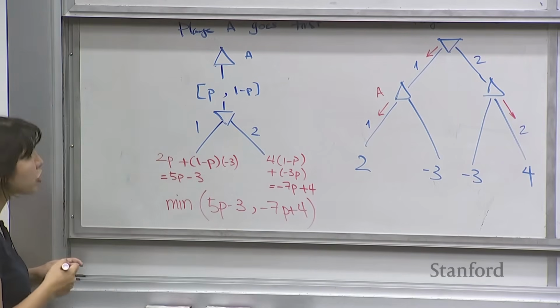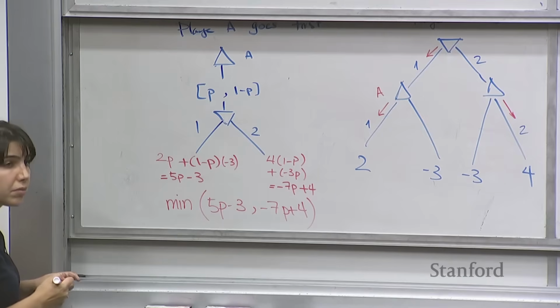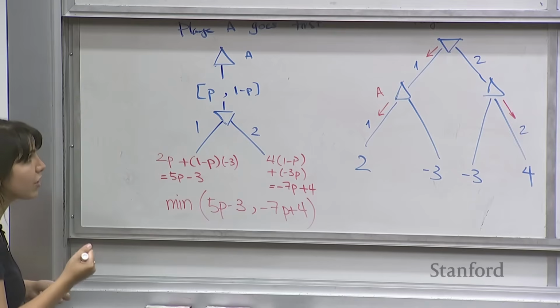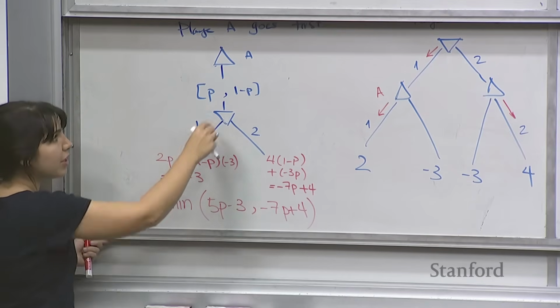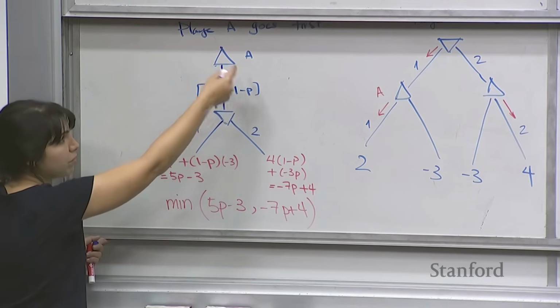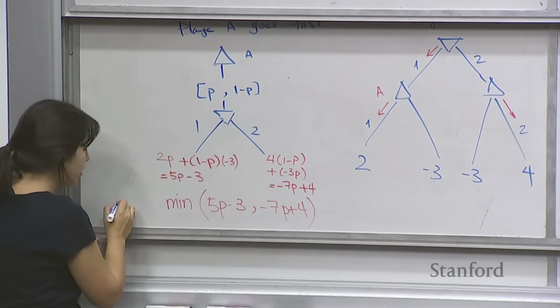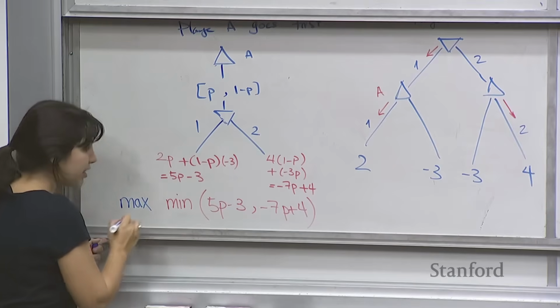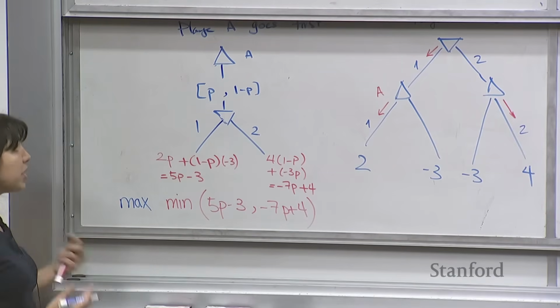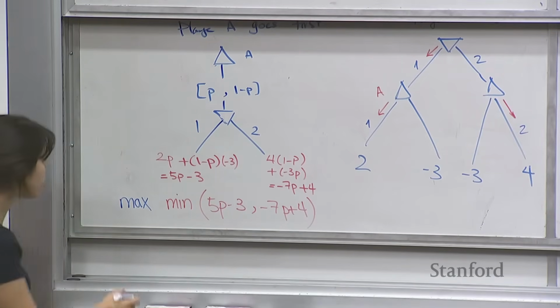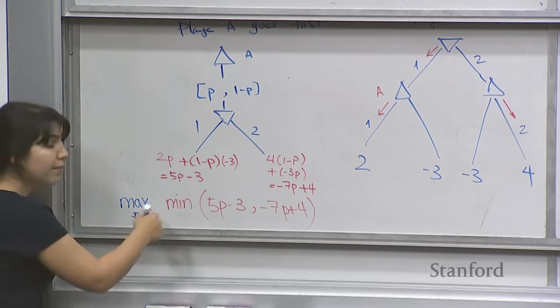Okay? What should player A do? I'm thinking minimax, right? So when you think about the minimax, player A is maximizing the value. So player A is going to maximize the value that comes up here. And also, player A needs to decide what P they're picking. So they're going to pick a P that maximizes that.